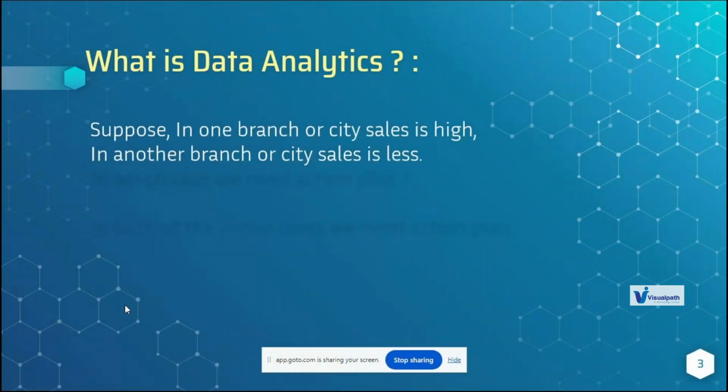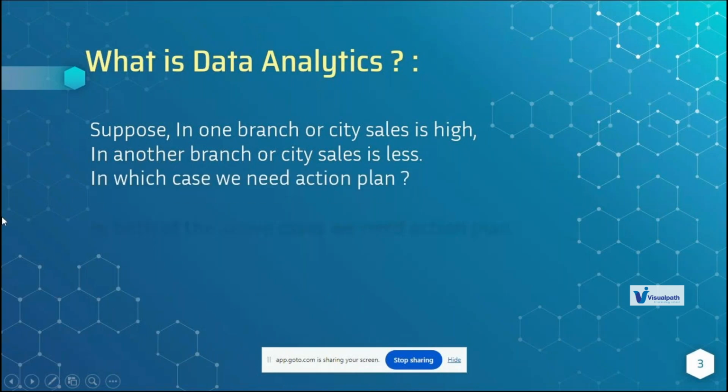Suppose I have multiple branches in my business, in one branch sales is high, in another branch sales is less. In which case do we need planning, in which case do we need an action plan? Please repeat it again. Do we need planning when sales is less or when sales is high?